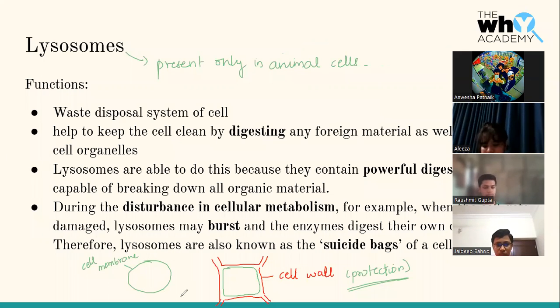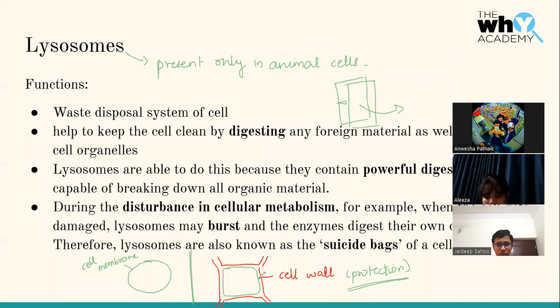If you have two doors to enter a place, any place, your house or any other place, the two doors provide extra security compared to a single door. Same thing you can apply for the cells as well. So these two membranes provide extra protection to the plant cells, which is why they don't really require lysosomes. There's not that much harmful or toxic substance entering the cell.